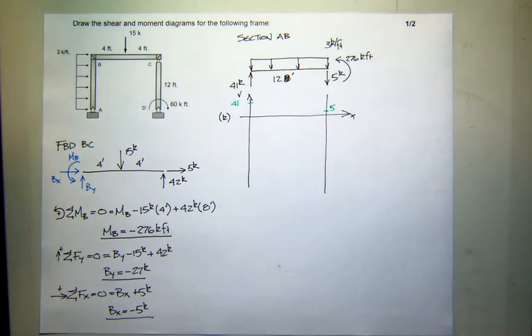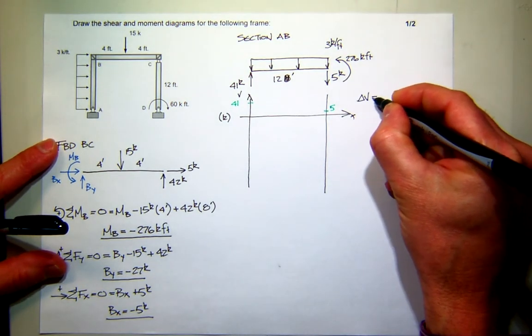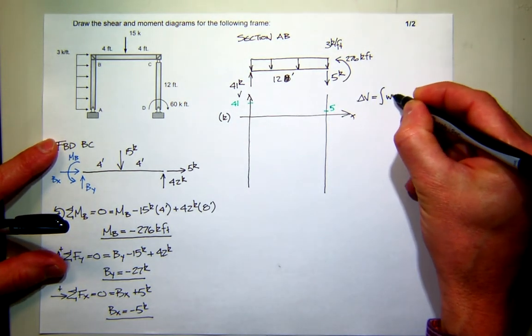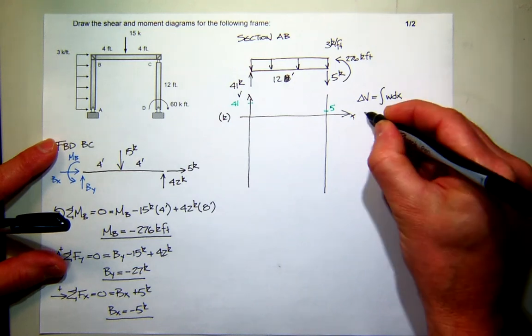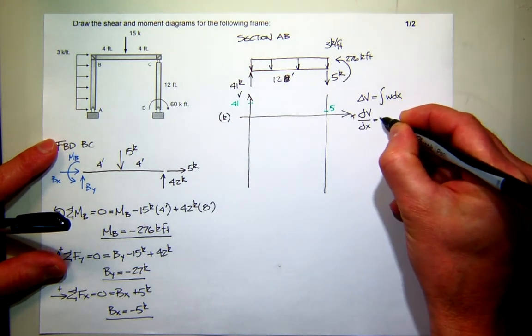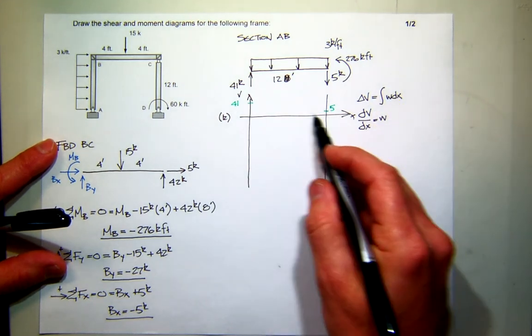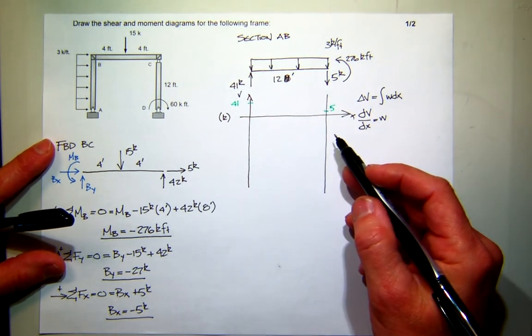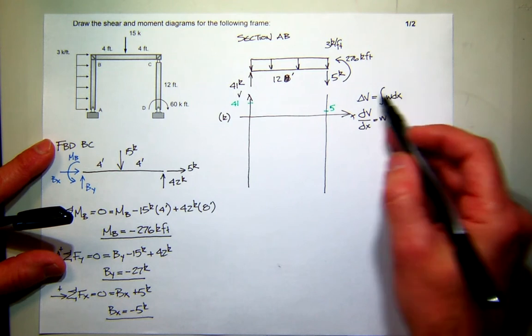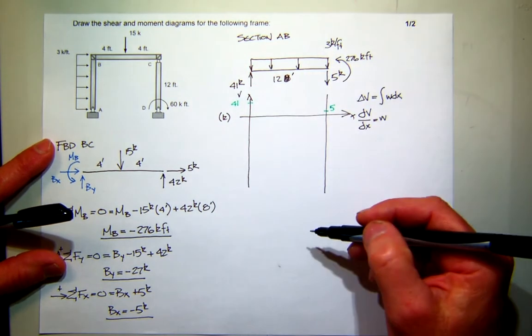Now remember, our equation tells us that the change in shear is the area under the load diagram and that the slope of the shear diagram is the load. So starting with the area first, or the change, looks like our change is what? 36. Is that balanced by the load? Well, look at this load, 3 times 12, it is negative 36.